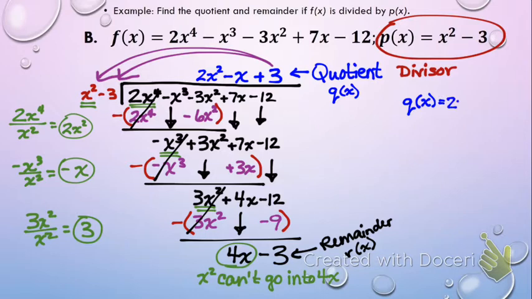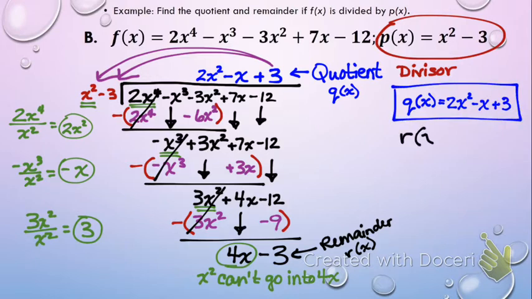So q of x is 2x squared minus x plus 3, and r of x is 4x minus 3. How are you guys feeling about this?